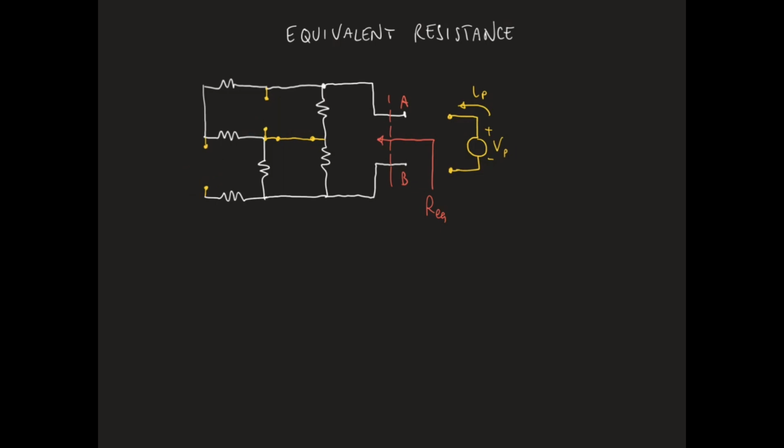Having done that, you can then proceed to the evaluation of the equivalent resistance, which will again be given by Vp over Ip. The same procedure has to be followed if we want to calculate the equivalent resistance by inspection of the circuit.